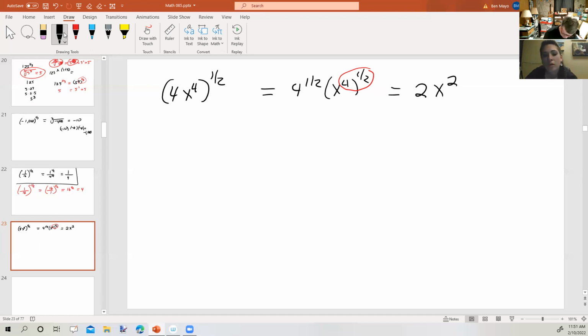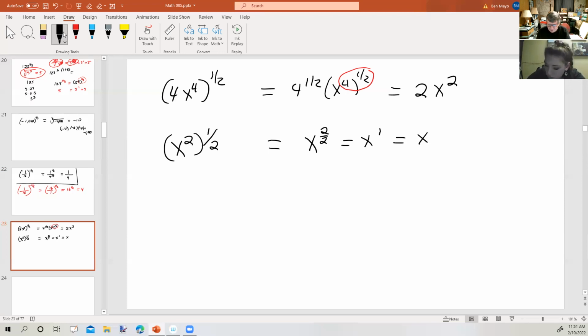How about this problem? Let's see here. x squared to the 1/2 power. Well, a power raised to a power, you would multiply the exponents.